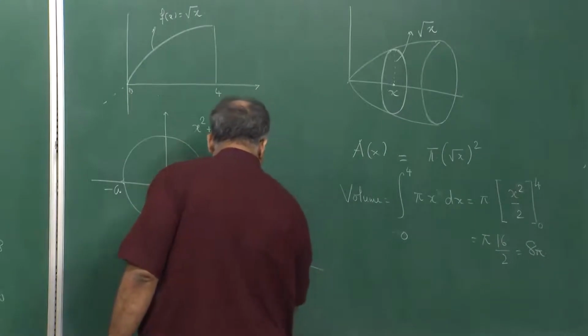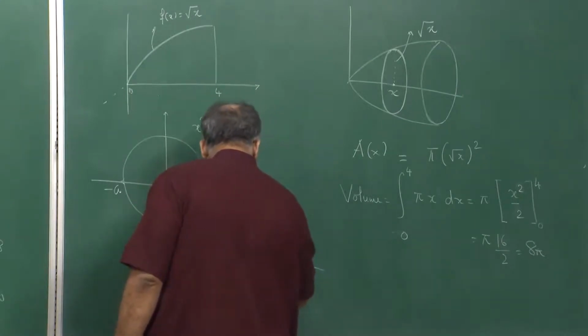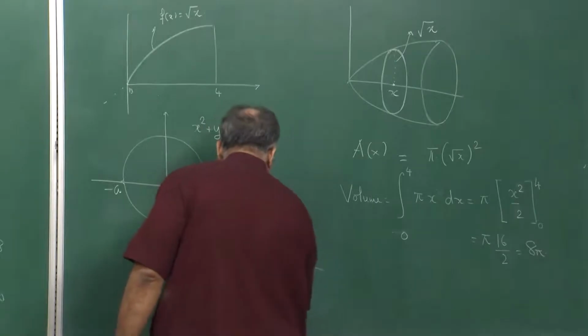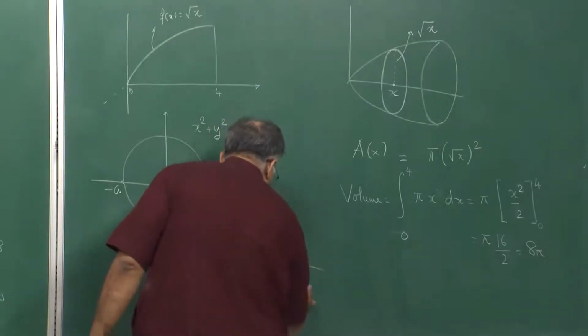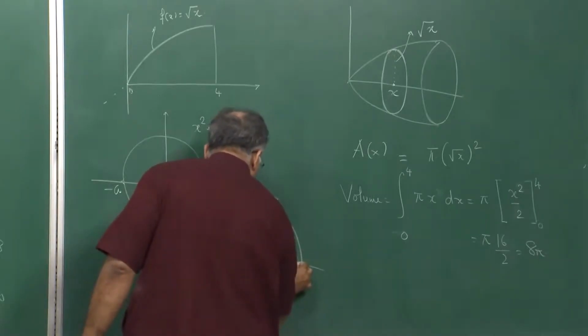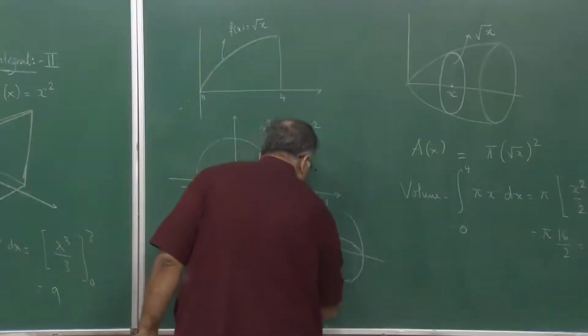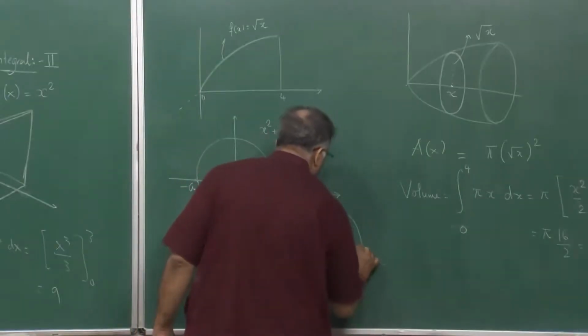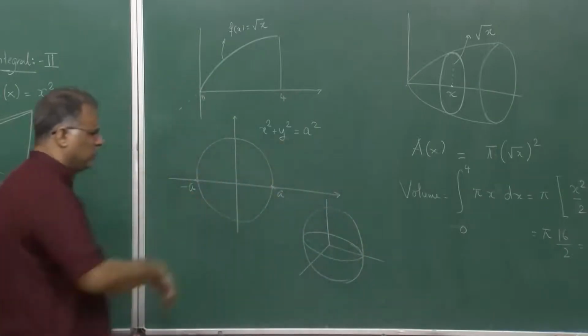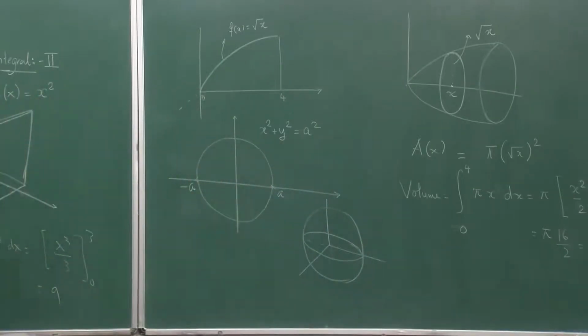So, this will actually generate a sphere of radius a, whose every cross section is a circle. We can have cross sections of big circles of radius a, right.